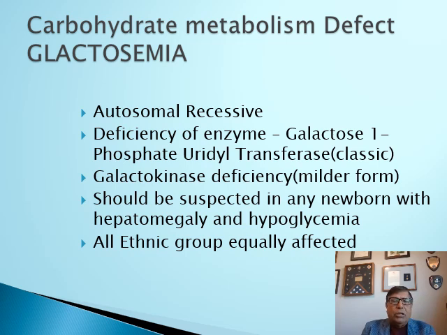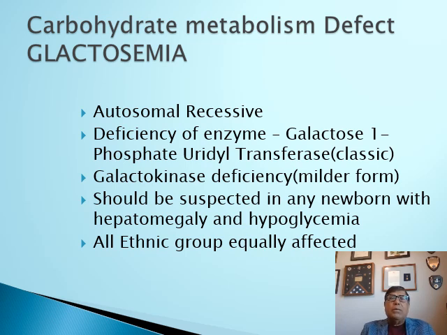Here I have mentioned the most classic one, which is galactose 1 phosphate uridyl transferase, the classic and most common one. The second one is galactokinase deficiency. Some people call it Duarte variants, and this is the milder form. And the third one is epimerase, as the next diagram will give you a little bit of an idea.